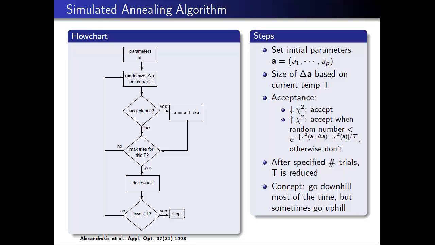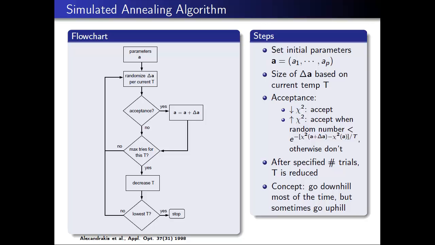value at A plus delta A, and if you've reduced your chi-squared value, then you accept it. If you've increased your chi-squared value, then you roll the dice and select a random number to see if it's below what they call a Metropolis criterion. And if it is, then you accept this delta A and move on.